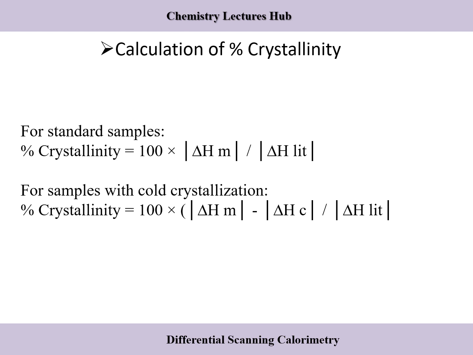For samples with cold crystallization, the percent crystallinity is measured by subtracting the enthalpy of cold crystallization from the enthalpy of melting of the substance, divided by the enthalpy of melting of the same substance in the literature, multiplied by 100.